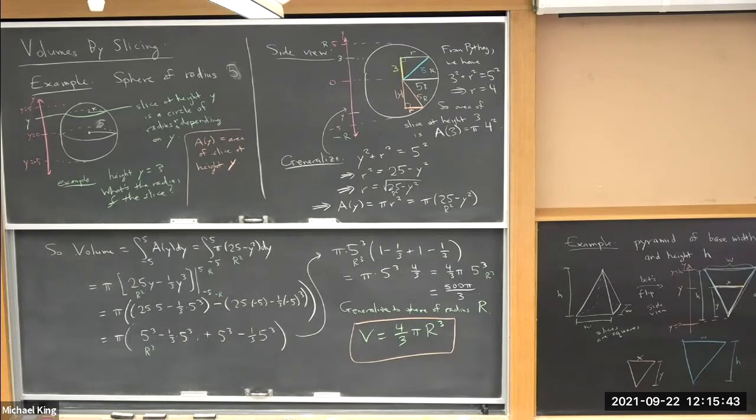The ratios are the same: W is to H as X is to Y. So W over H equals X over Y.